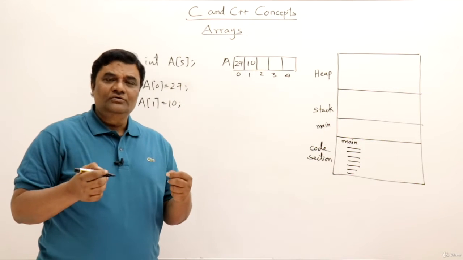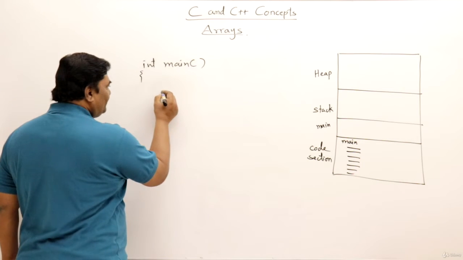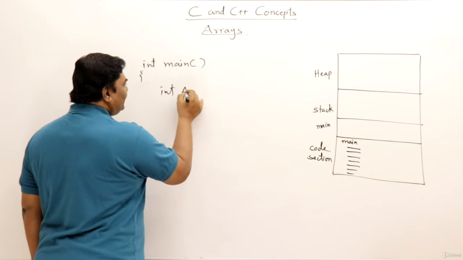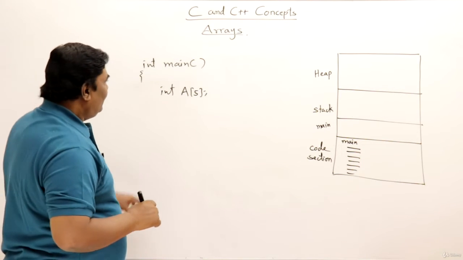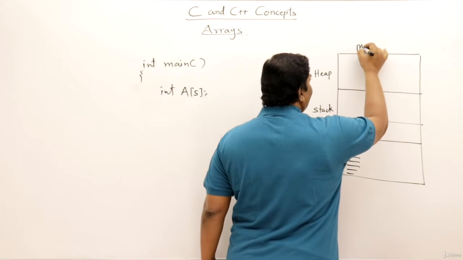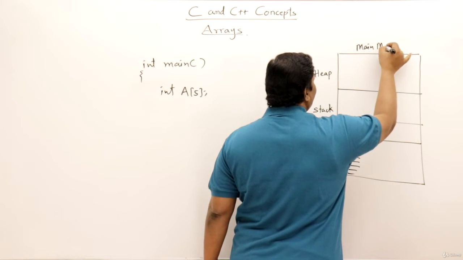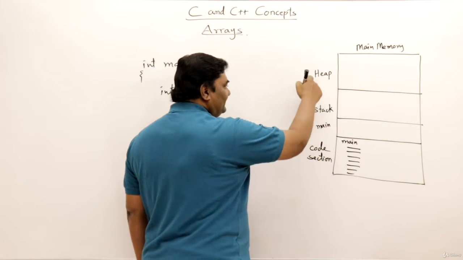Now I will show you how to declare and initialize an array. In the main function, suppose I want to declare an array a of size 5. An array of size 5 will be created. When the program is running, it runs inside the main memory. This is main memory, and the main memory is divided into 3 sections: code section, stack and heap.